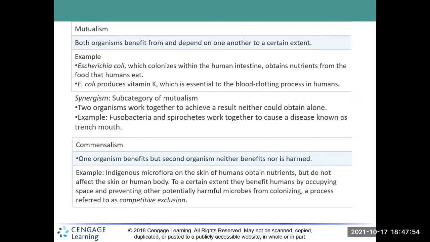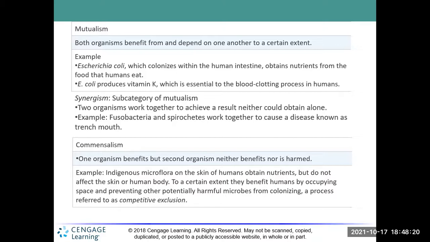It also gives us a benefit of producing vitamin K, and that is something that is essential for blood clotting in humans. And so anytime that there is a blood clotting issue, this is a situation that is looked at as far as how the E. coli colonization is occurring and if it's interfering with that blood clotting process.